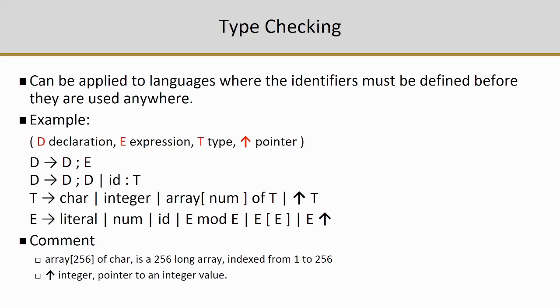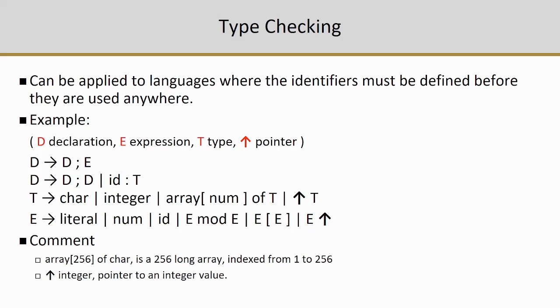Let's see an example where the language is similar to Pascal or Algol, where we have variable declarations like identifier, colon, type, and each declaration has to come before the application of the variable.